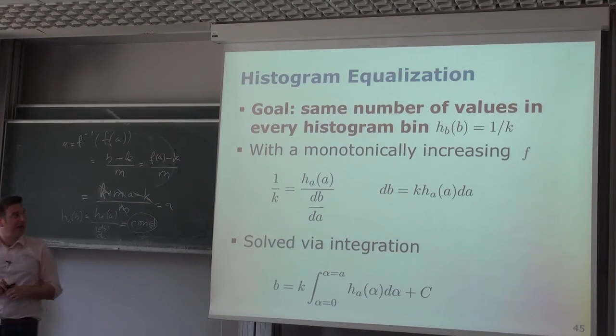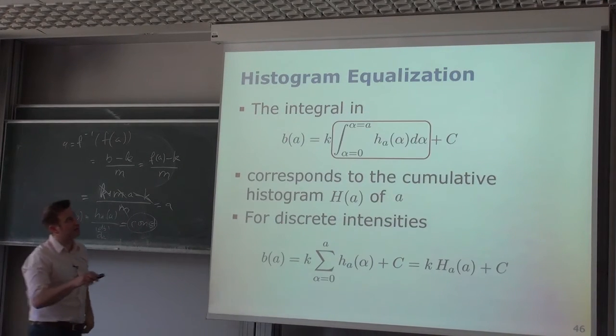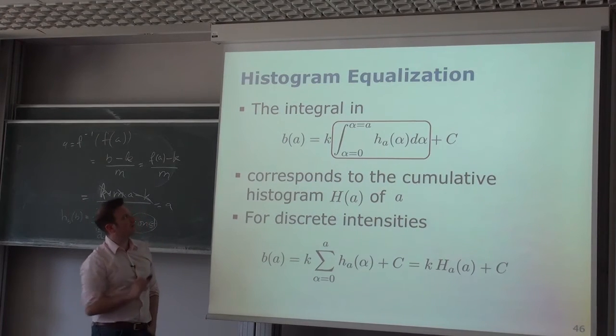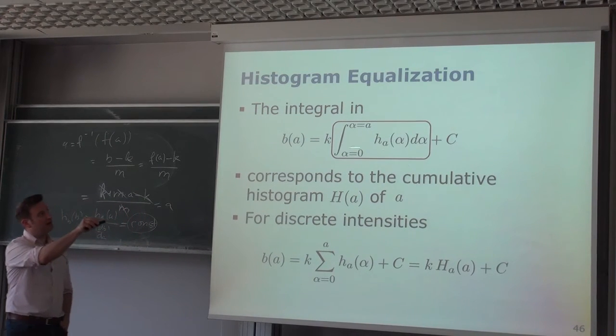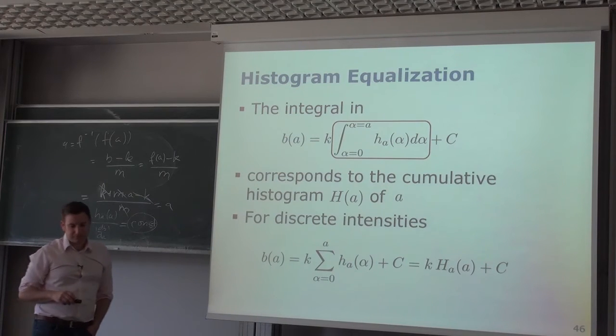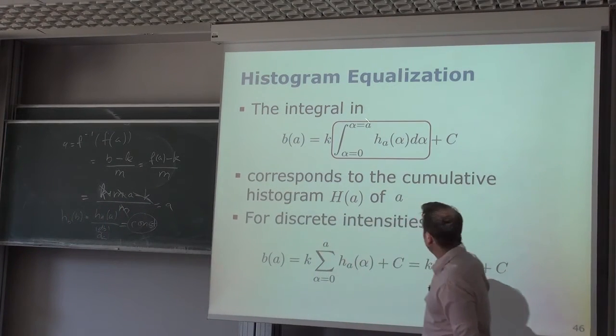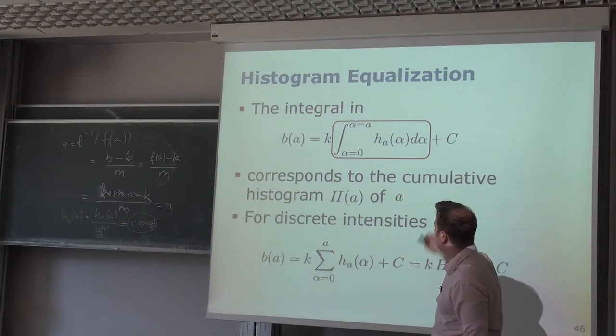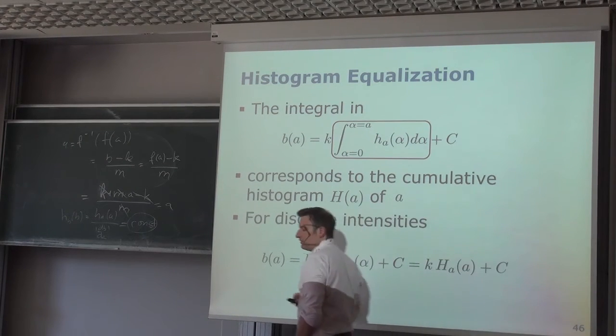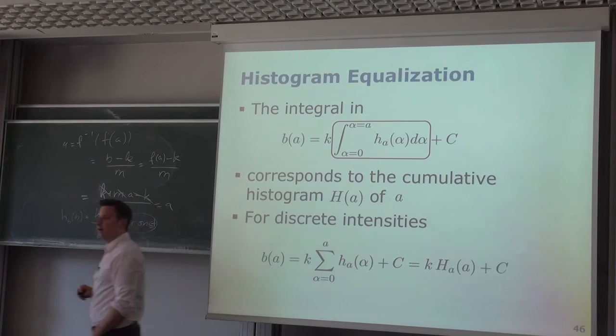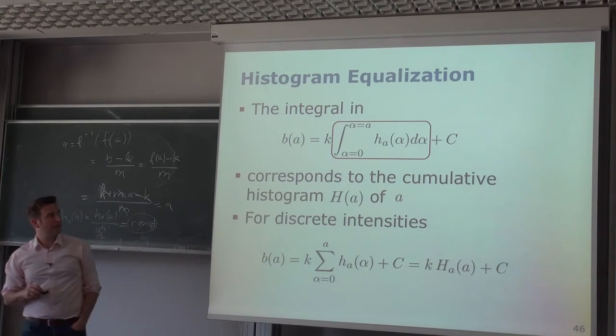And now I can say, okay, let's have a look at this integral over here. So it's just a copy and paste from the image. So this is the integral part over here, and this block over here is nothing else than the cumulative histogram of my input image.